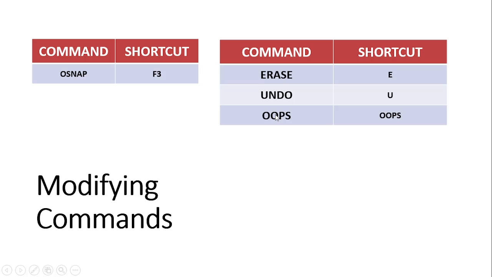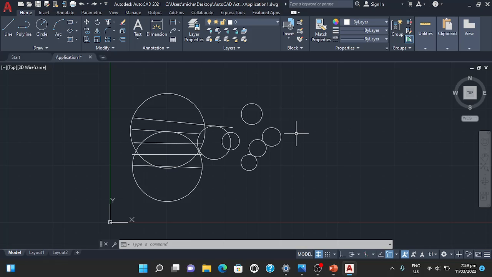The next command we have here is OOPS. Oops is used to recover a certain object that has been erased. For example, I type E for erase and I erase this object. Once I press enter, that certain circle is deleted. If I want to recover that circle, I could use U to undo or type oops.